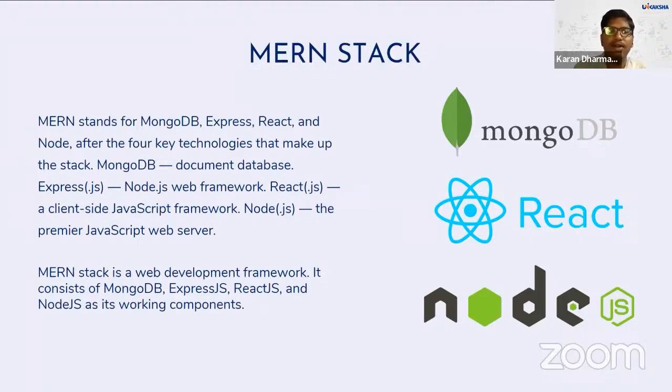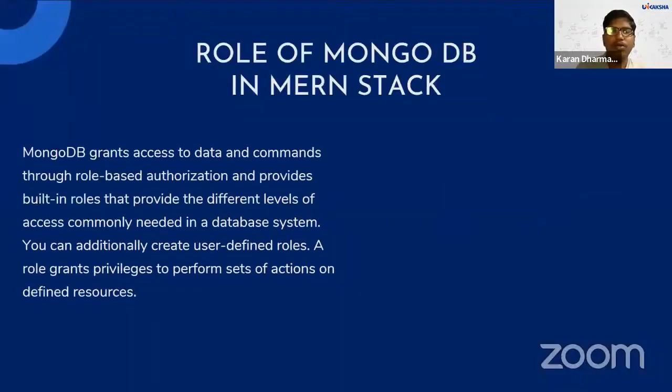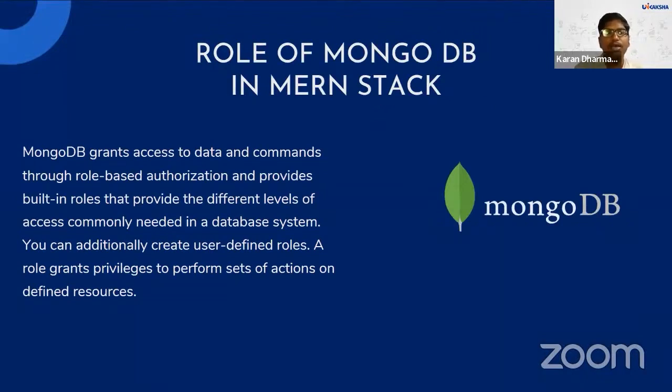Now, what's the role of MongoDB then? The role of MongoDB is that, much like MySQL, it helps us create collections and then databases, basically tables and databases, that allow us to save data in the server. The difference is that MongoDB is unstructured.